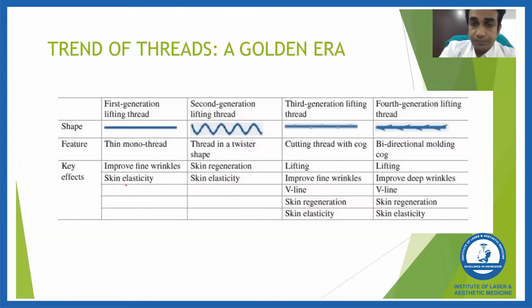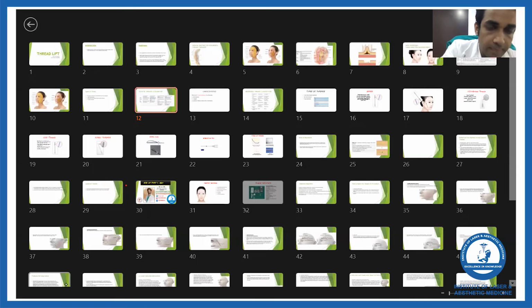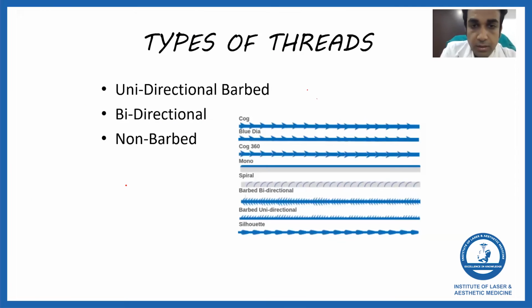So what is a bidirectional or a unidirectional? Unidirectional, if you can see, it is going in one direction. Bidirectional will be on both sides, so it will be going one direction to the left and one to the right.